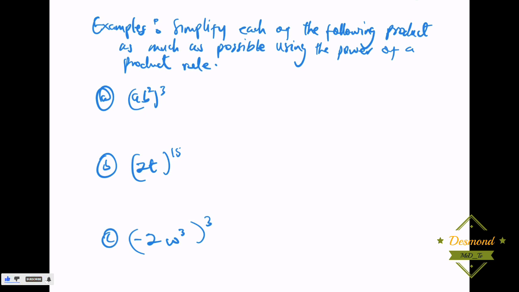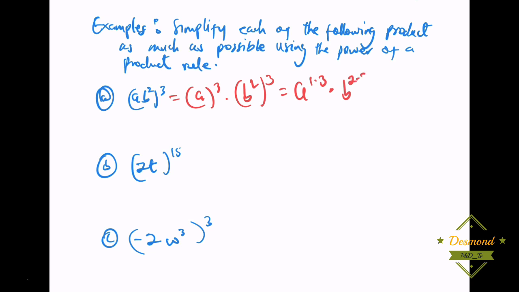So how do we do this? Let's simplify that. I'm going to use red. With this one, we're going to have a exponent 3 dot b squared exponent 3. Then we'll have a exponent 1 times 3 dot b exponent 2 times 3, and we'll have a exponent 3, b exponent 6. That is it for a.